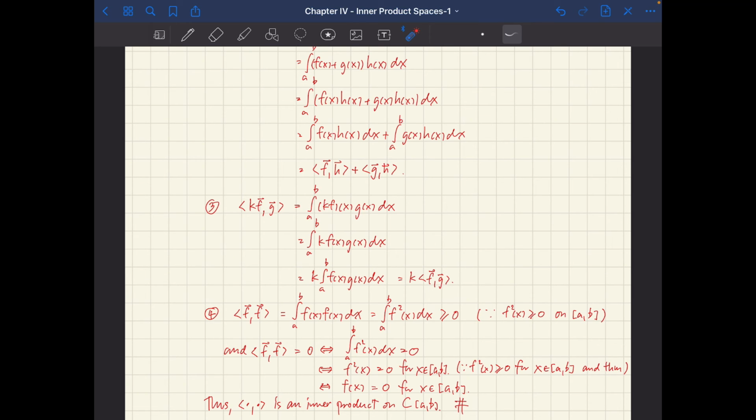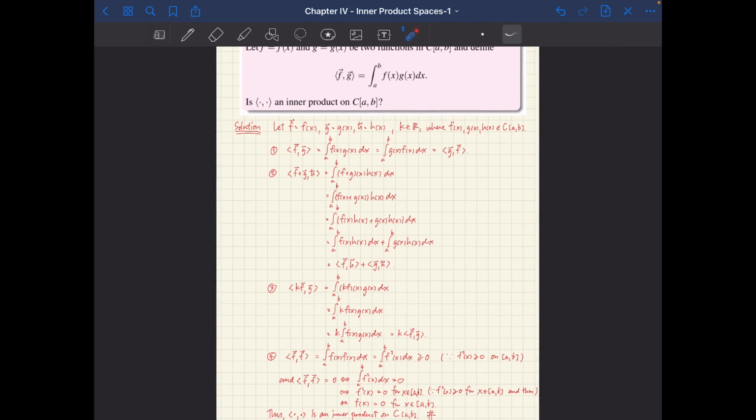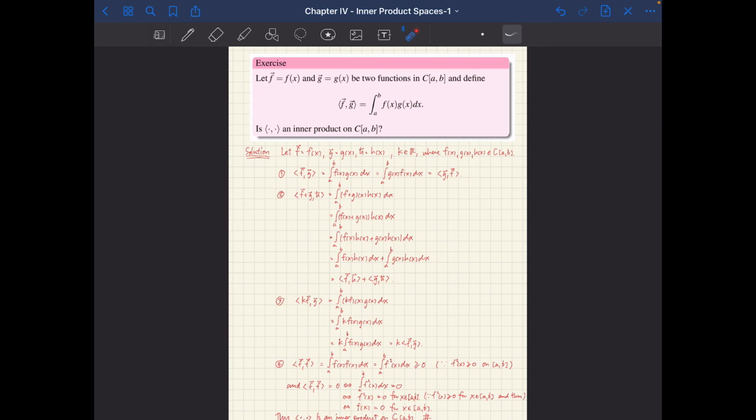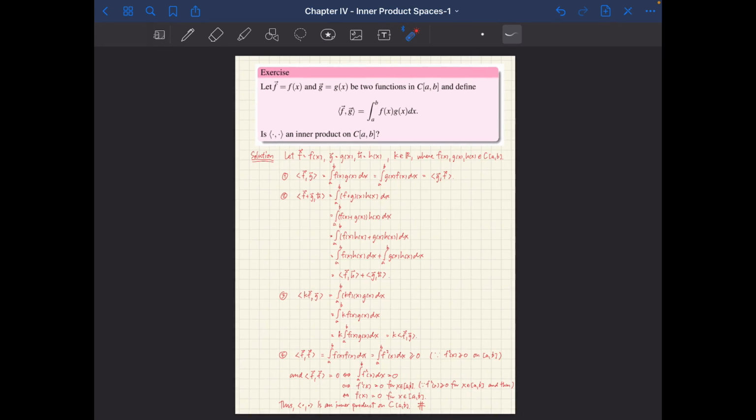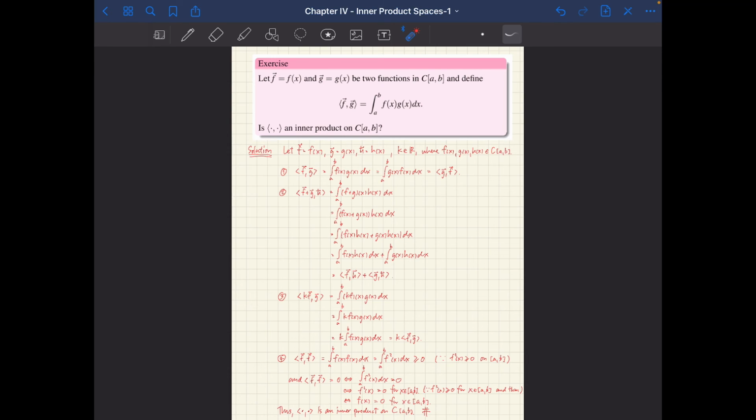Okay, and that's why we can conclude that f is the zero function. So that's why we can prove that this function is an inner product. Okay, and this one is the inner product on the continuous function space. And if you need to copy this page, please pause it.